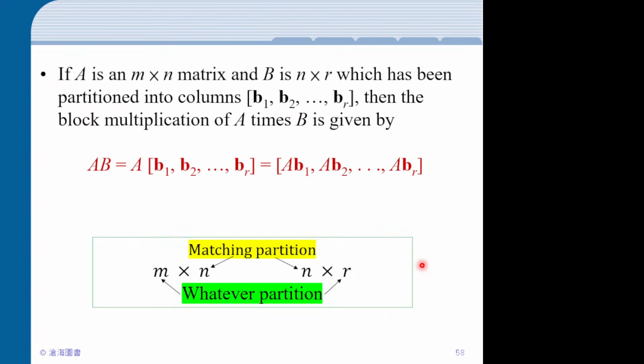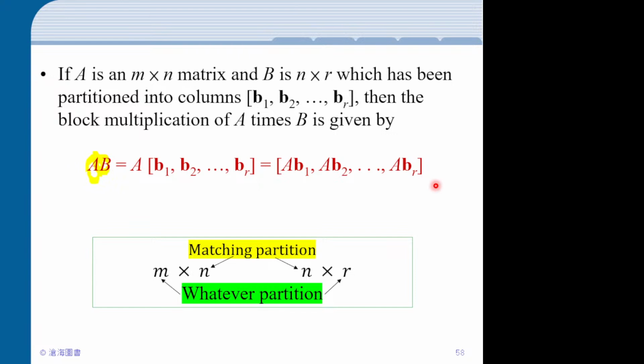Well, sometimes when you do matrix multiplication, the partitions can match up. Then you can think about this multiplication as different parts of the partition multiplying each other.